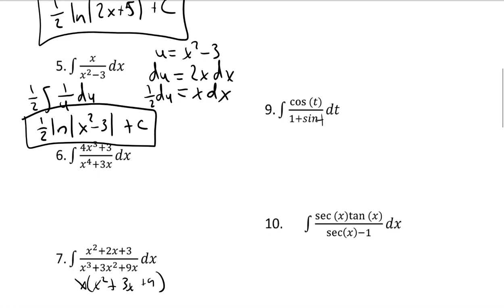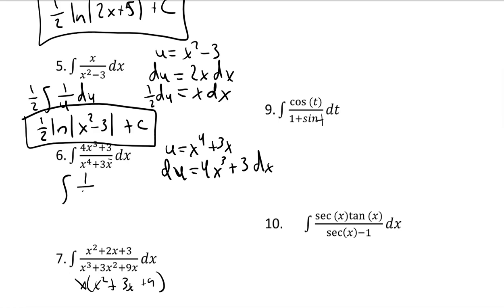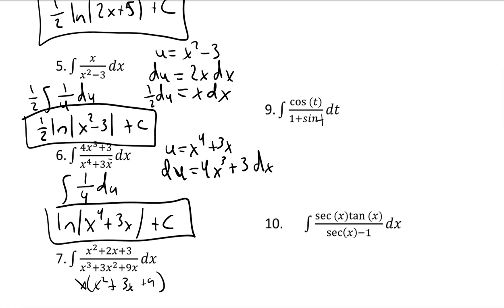Okay, and number 6, a good value to pick for u would be x to the 4th plus 3x. And I can see that so quickly because I can think ahead about what the derivative would look like. And the derivative would be these leftover pieces. So this would be the same as 1 over u du, which would be the natural log of the absolute value of u plus c.